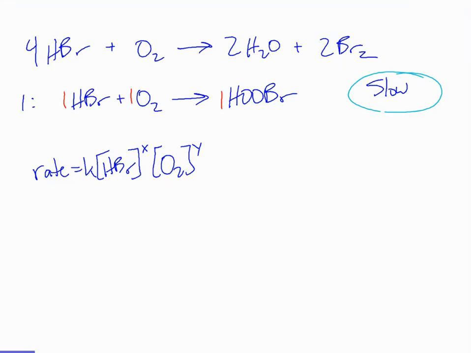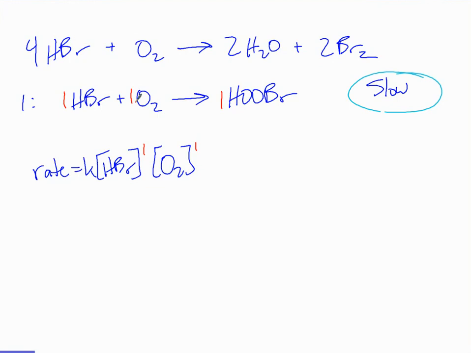Here's how it's going to be different. The orders match the stoichiometry, which means that HBr is 1 because its coefficient is 1. O2 is 1 because its coefficient is 1. And this is the rate law for this reaction up here.